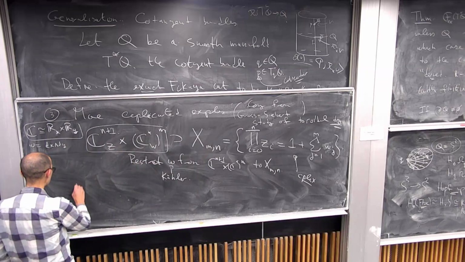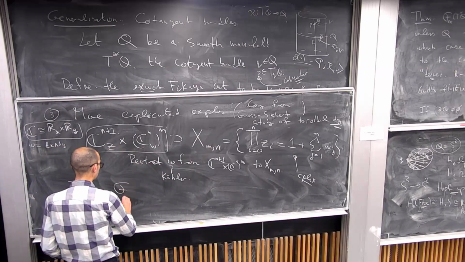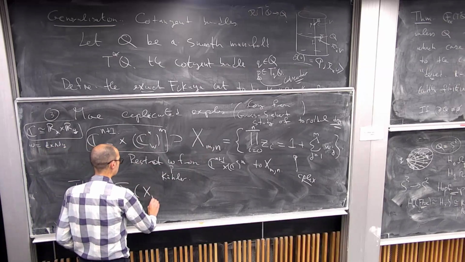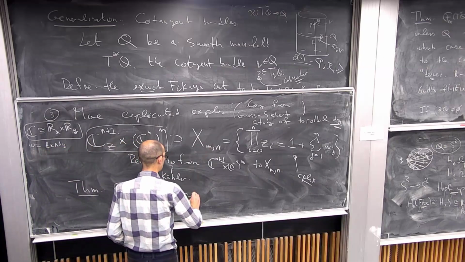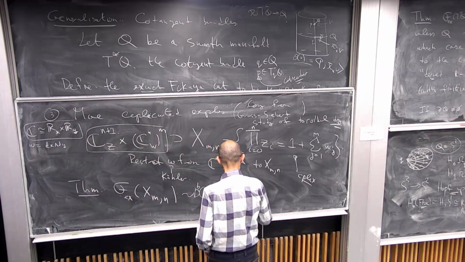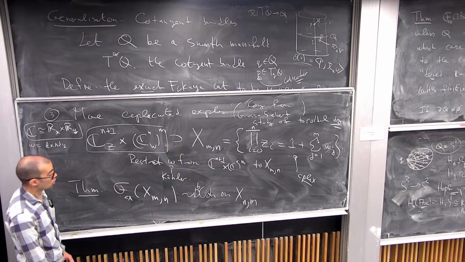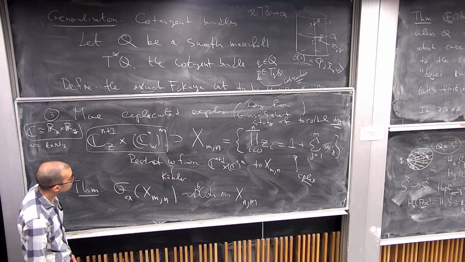Okay, so now we have some theorem that says the exact Fukaya category of X_{m,n} is equivalent to the derived category of coherent sheaves on X_{n,m}. So that's slightly surprising.